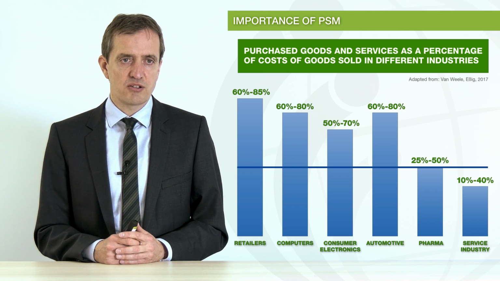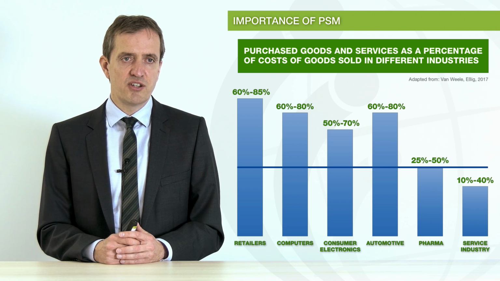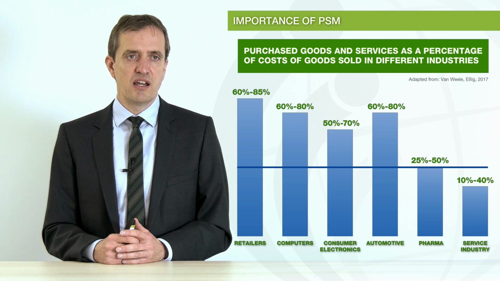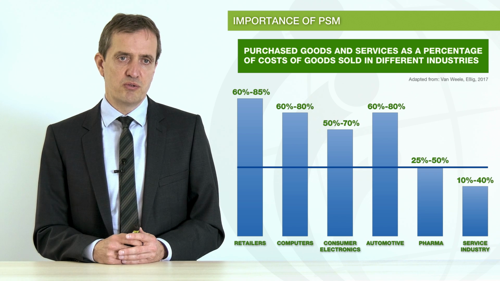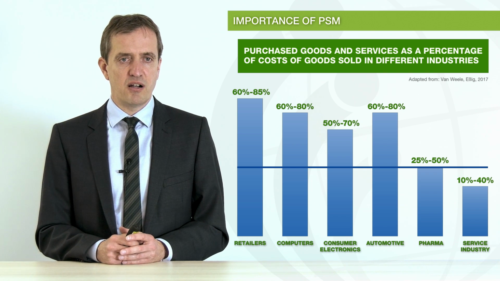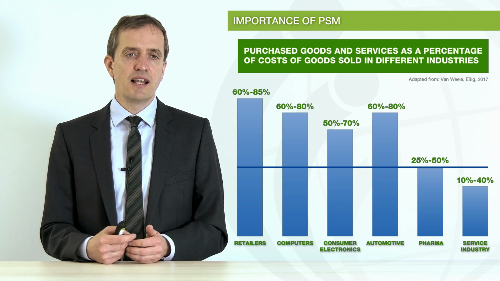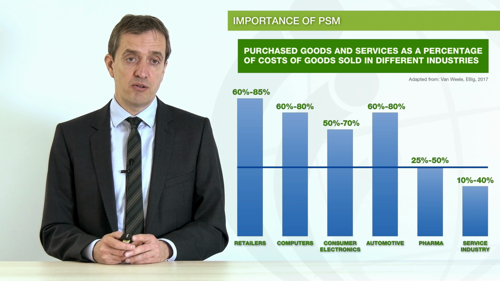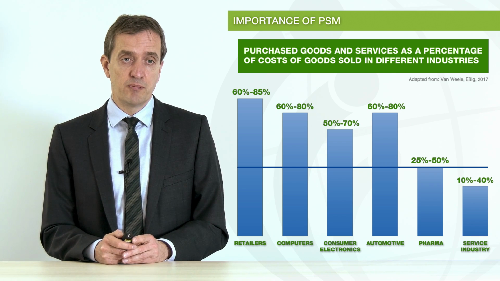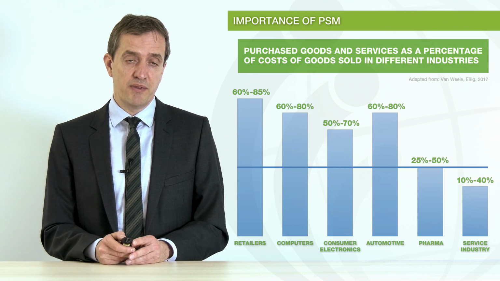Computers, consumer electronics and automotive have similar percentages when it comes to purchased goods and services as part of cost of goods sold. Nevertheless, we also have some industries like pharma and service industry where we still have a very high degree of value added. But in average, we can say up to 50% of the company's value creation stems from their supply network.